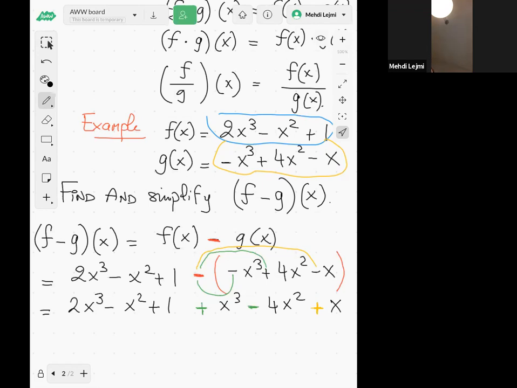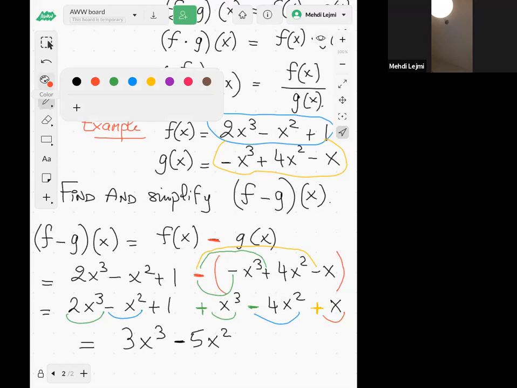Okay, we need to simplify the answer. So we got 2x cubed plus x cubed. That'll be 3x cubed. We got minus x squared minus 4x squared. As you said, guys, Rabiul and Lorden, that'll be minus 5x squared, right? And then there's this plus x, and that's it.